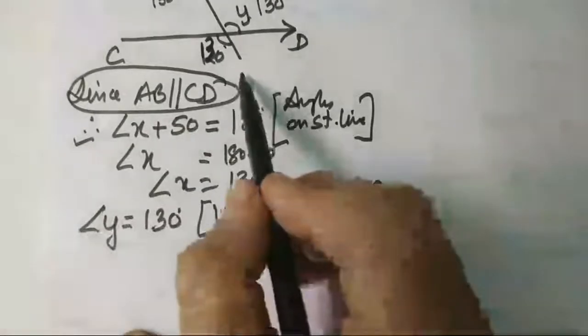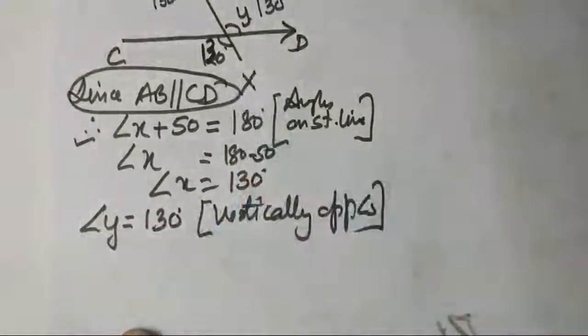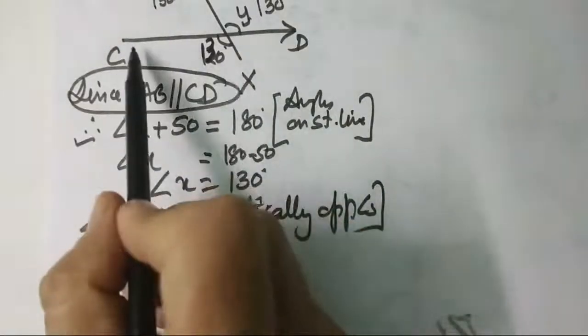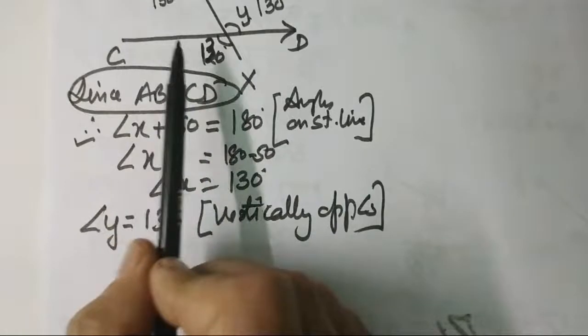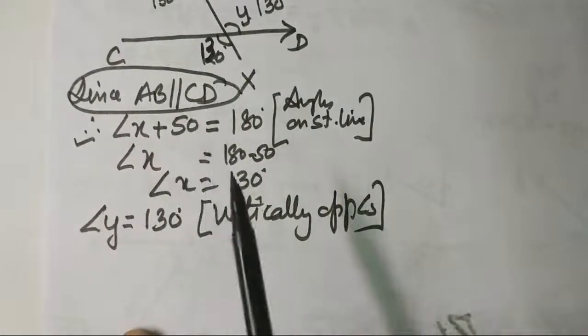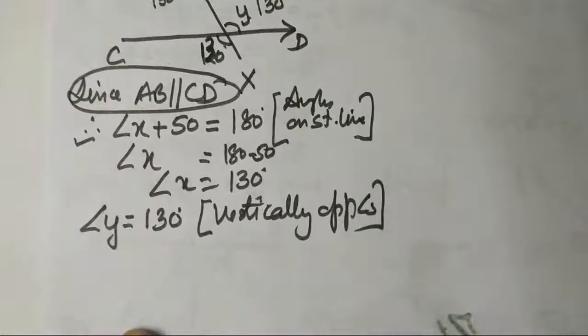So this sentence I can omit. I don't have to write this sentence because the lines are not shown parallel. We have to prove them parallel. We will prove lines are parallel.